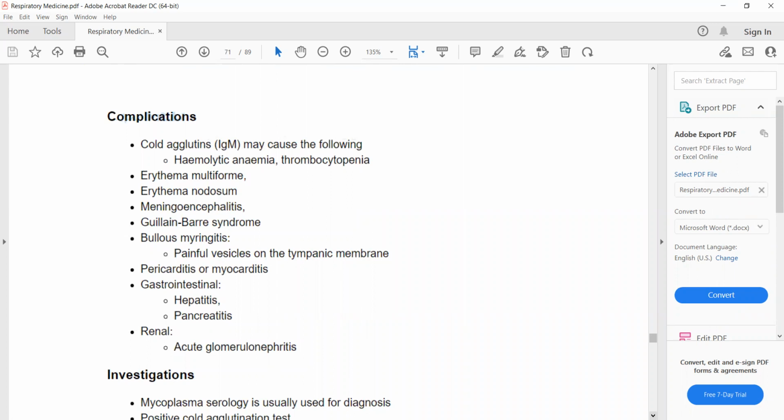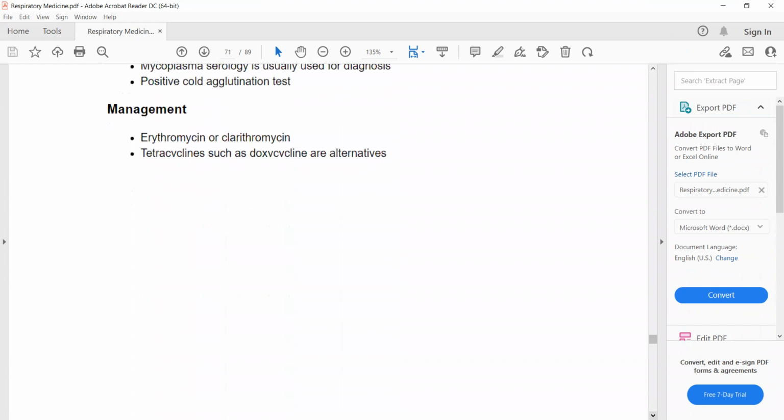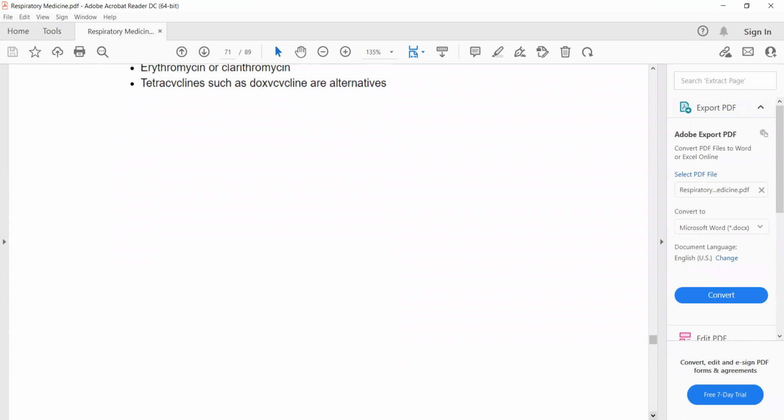They are called cold agglutinins because they can agglutinate the RBCs at a lower temperature and they can result in hemolytic anemia and thrombocytopenia. So remember erythema multiforme and hemolytic anemia are associated with mycoplasma pneumonia. Erythromycin or clarithromycin and doxycycline can be used.